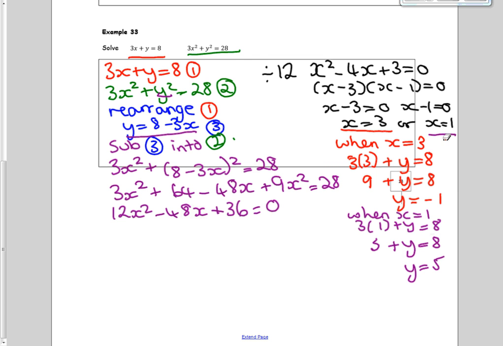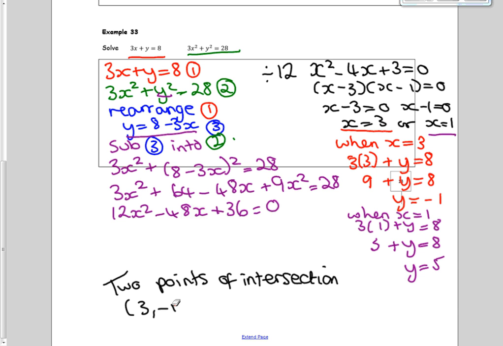So I've got my two x values and my two y values, but again, it's best to write it as coordinates. So we have 2 points of intersection and these are 3, minus 1 and 1, 5.